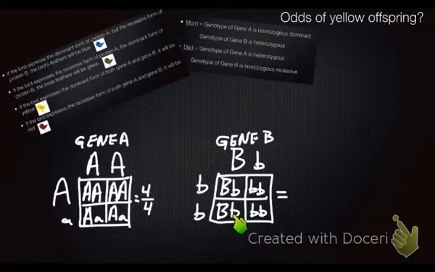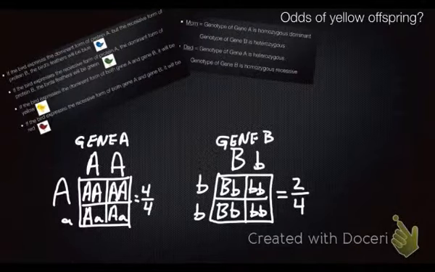But these individuals don't have a dominant B to read, so they would not express the dominant version of gene B. They'd have to express whatever the recessive version was. So that gives us a ratio of these two expressing it, these two not. So our odds of expressing dominant B would be 2 out of the 4 different ways these alleles could combine.